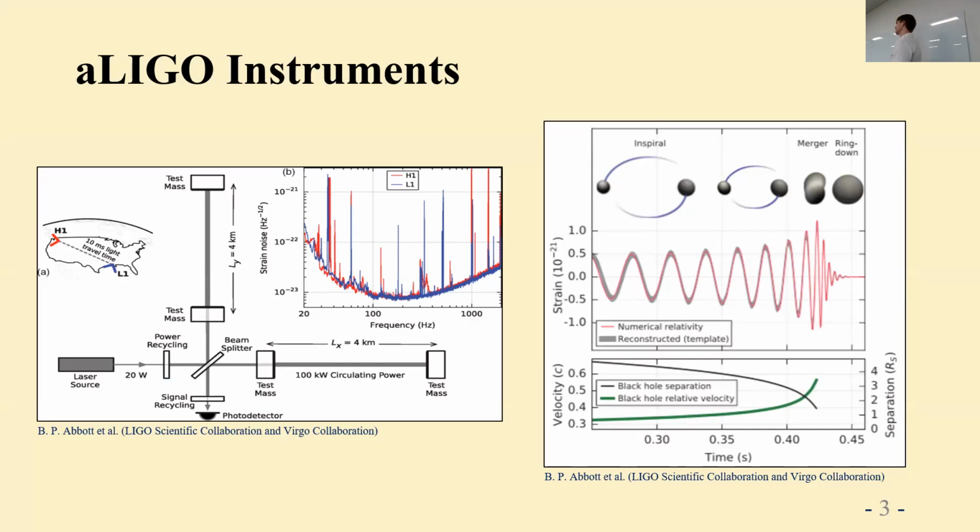And then these laser beams go out about 4 kilometers. They bounce off of mirrors, they come back, and then they're superimposed to create a wave interference pattern that quantifies the stretching and contraction of space-time of a gravitational signal.